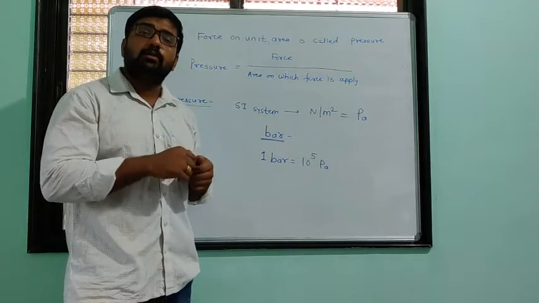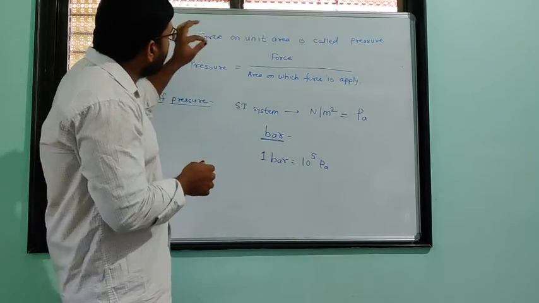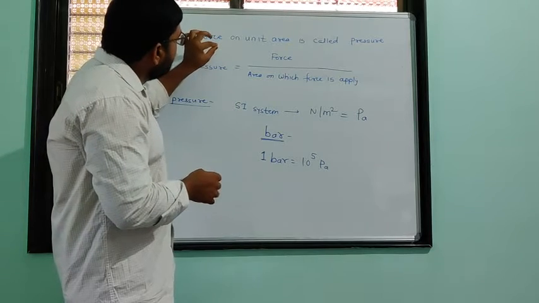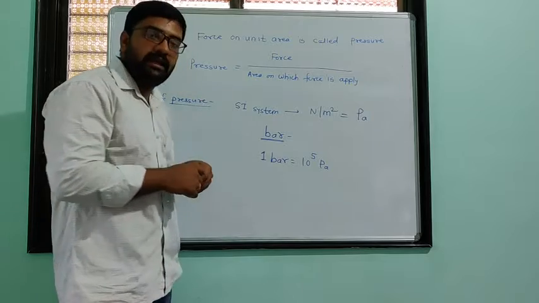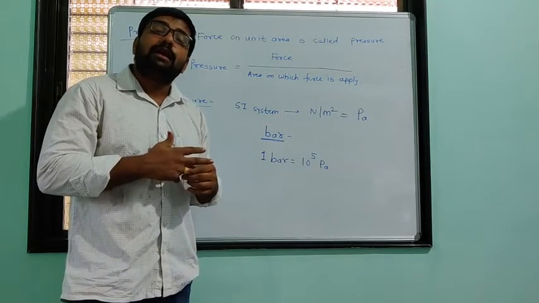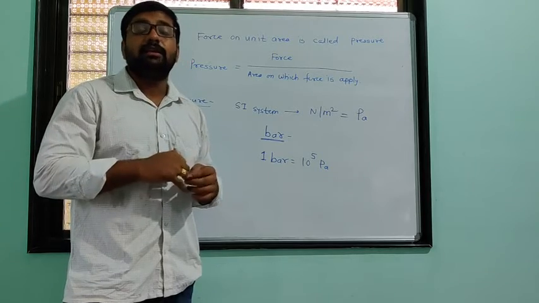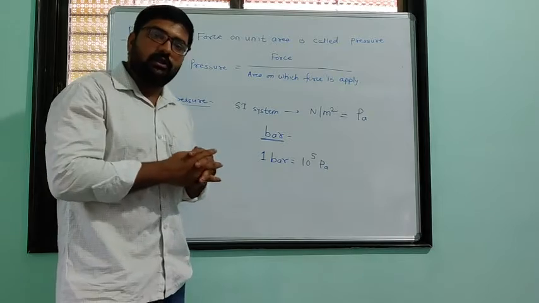But now if I reverse the direction of the nail, and I place the head of the nail on the board and try to hit from the pointed side, then in which condition can we insert the nail easily?